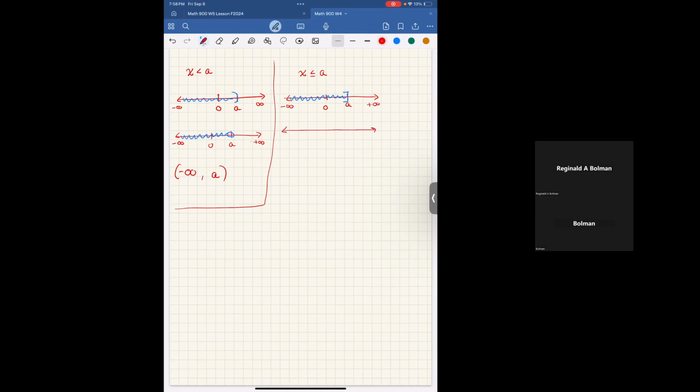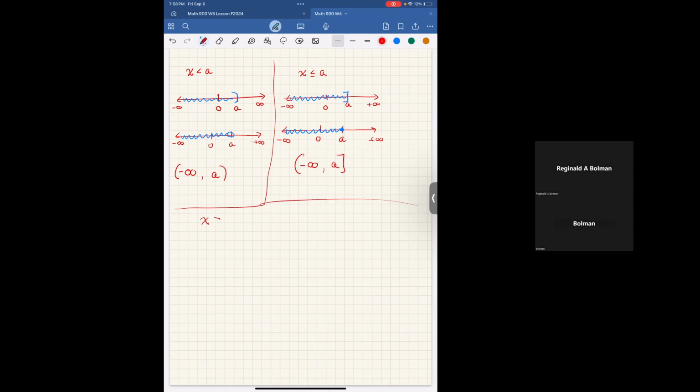Using the open hole notation, you're going to have a graph from negative infinity to infinity. There will be a dot right at a. You're going to shade everything going up to a. And then similarly, you'd have negative infinity to a as your interval, but instead of having a parenthesis, you would use a bracket.